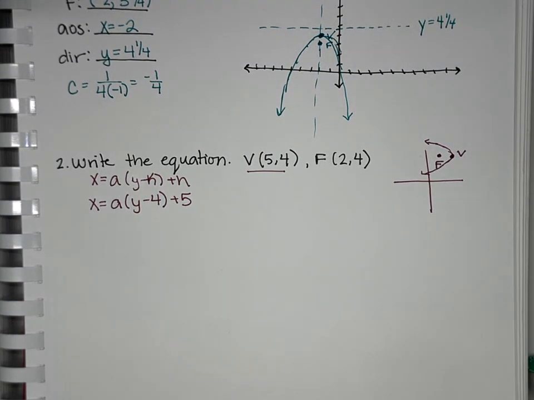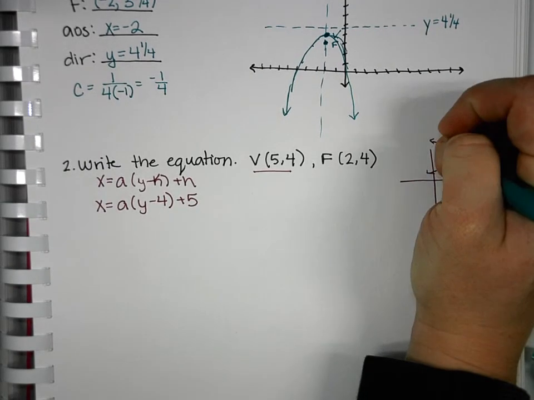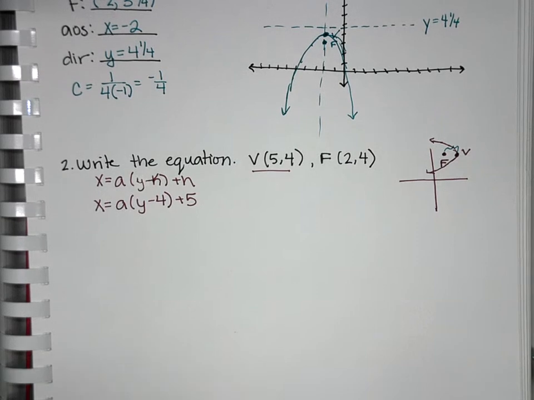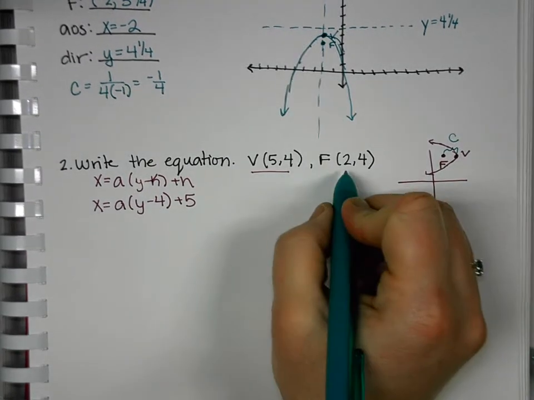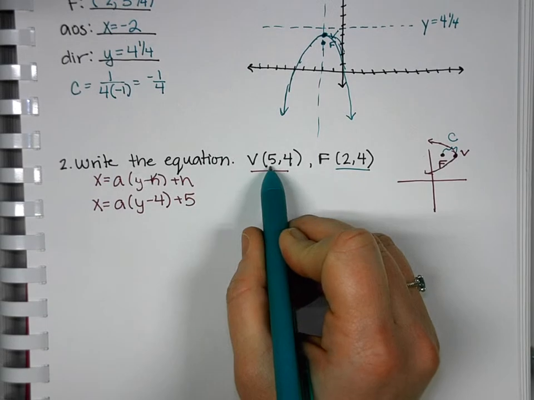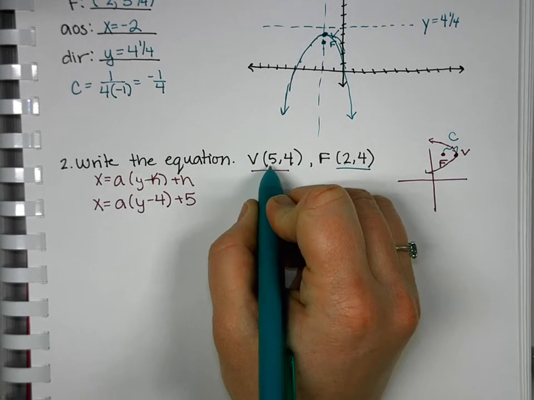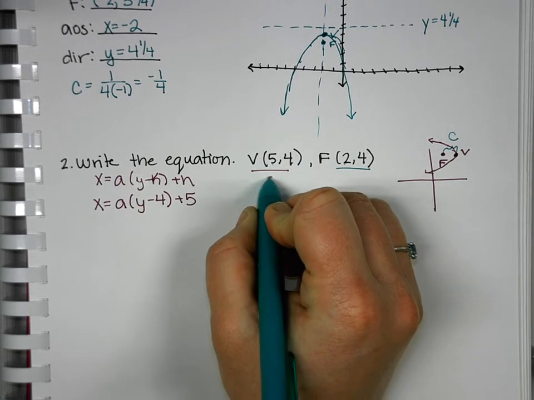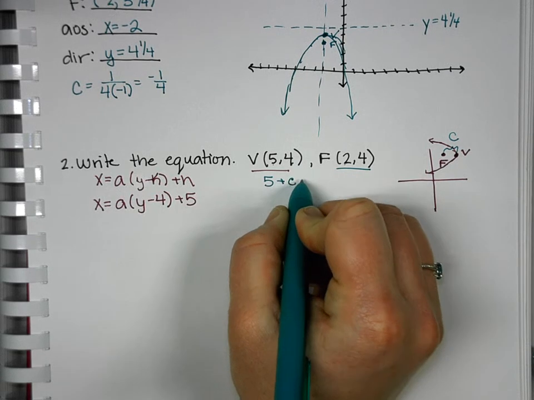I just need to find a now. So for a, we have to use this focus. So we have to look at what's the difference between f and v. That's our c value that we need to be able to find. Well, if our vertex was (5, 4) and f is (2, 4), how much did we have to do to go from 5 to 2?